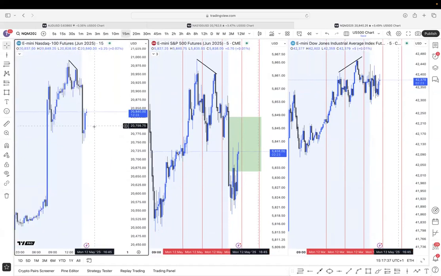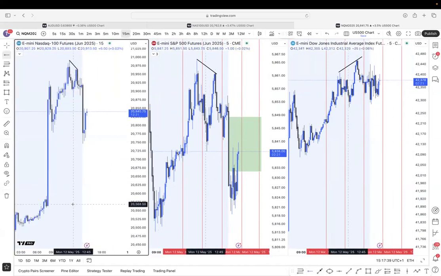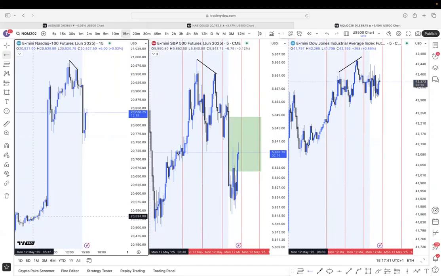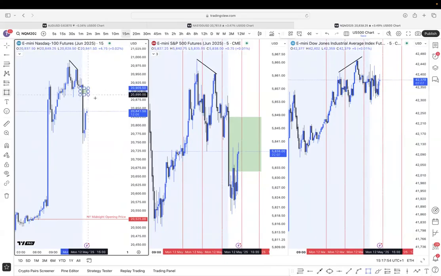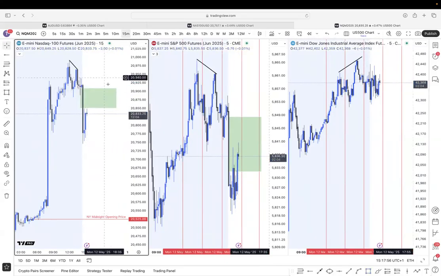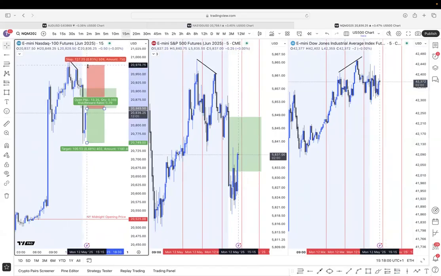But there's a couple of things now we have to consider. One, where are we in regards to opening price? The main opening price we're going to concern ourselves with at the moment is down here. So we are miles above opening price. That's absolutely fine. You've obviously got the 15-minute imbalance sitting there. Your stop loss in this situation would go maybe above the high.